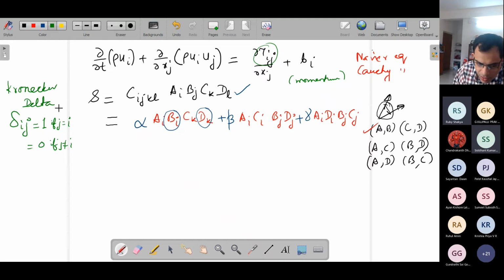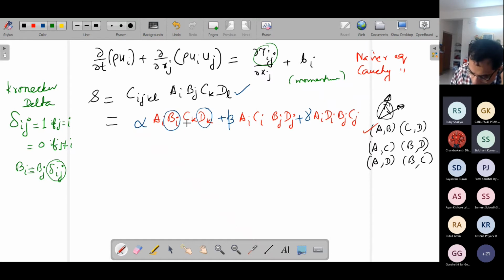So if you see now, you can write, for example, Bi is Bj into delta Ij. Why? Delta Ij is equal to 1 if j is equal to i, so this will be 1 only if j equals i. So this is just like an identity. In all other cases, it is 0.